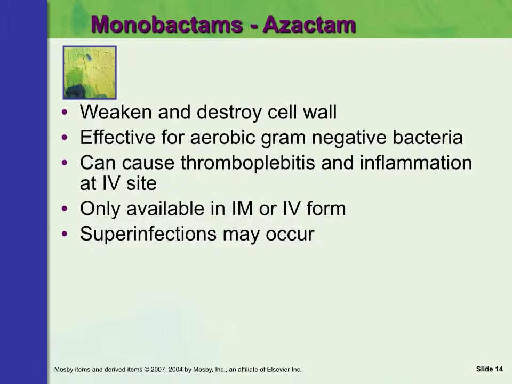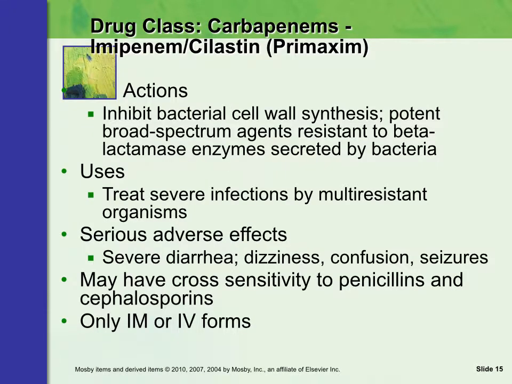This particular category of antibiotics isn't used very often. It's bactericidal. It's active against gram-negative bacteria. It's a synthetic antibiotic. This next category, carbapenems, one of the ones we use most often is imipenem and cilastatin.